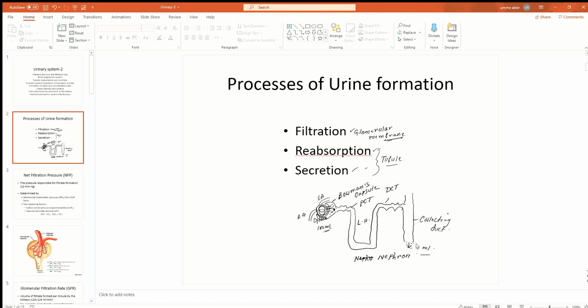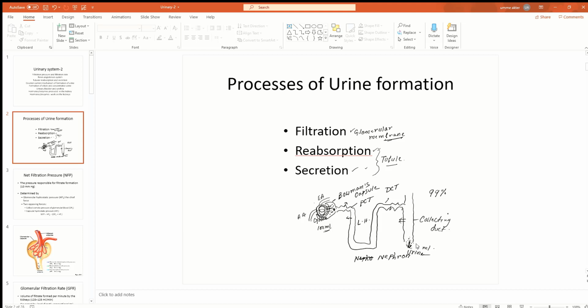Okay, 99% is reabsorbed. That means go back into the body. Now, reabsorption means through the wall of the nephron at different locations, the fluid is going back into the body. So that is the reabsorption. Okay, getting out from the tubule through the wall means staying in the body, and if it stays inside the tubule, that means it is getting out from the body as urine. So this is urine.